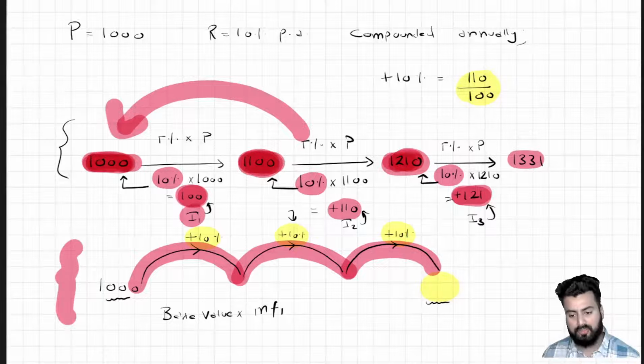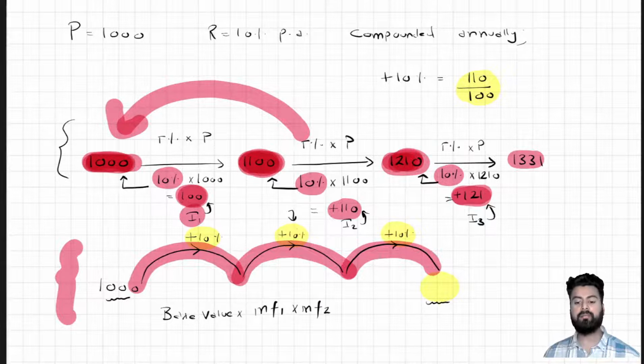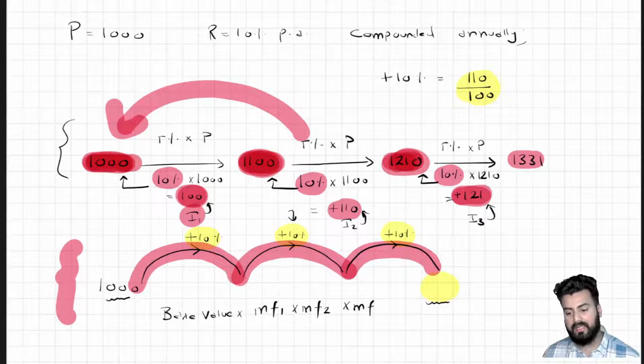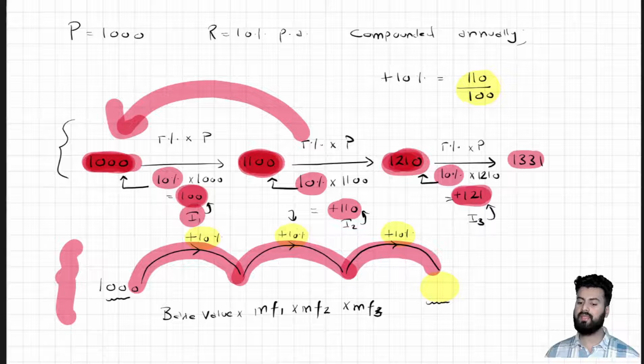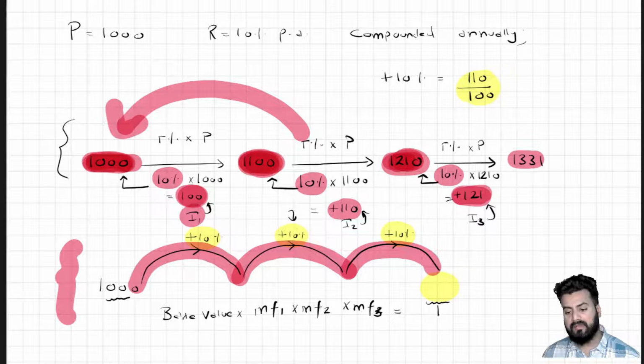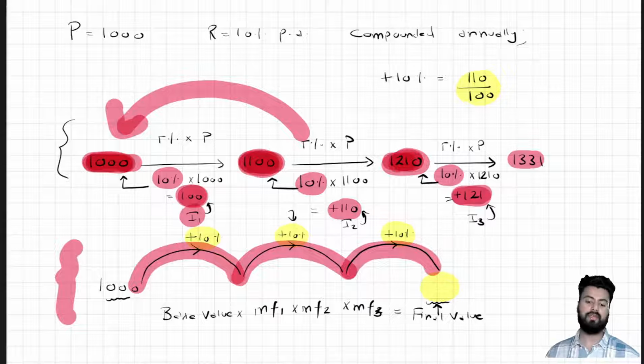For the second operation, multiplication factor 2, and for the third change, multiplication factor 3. This in turn will give you the final value.